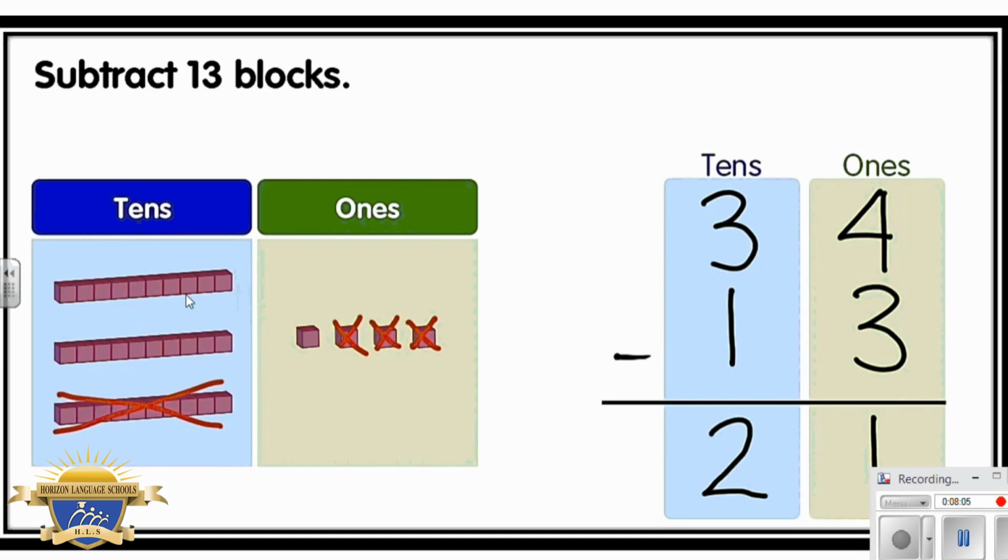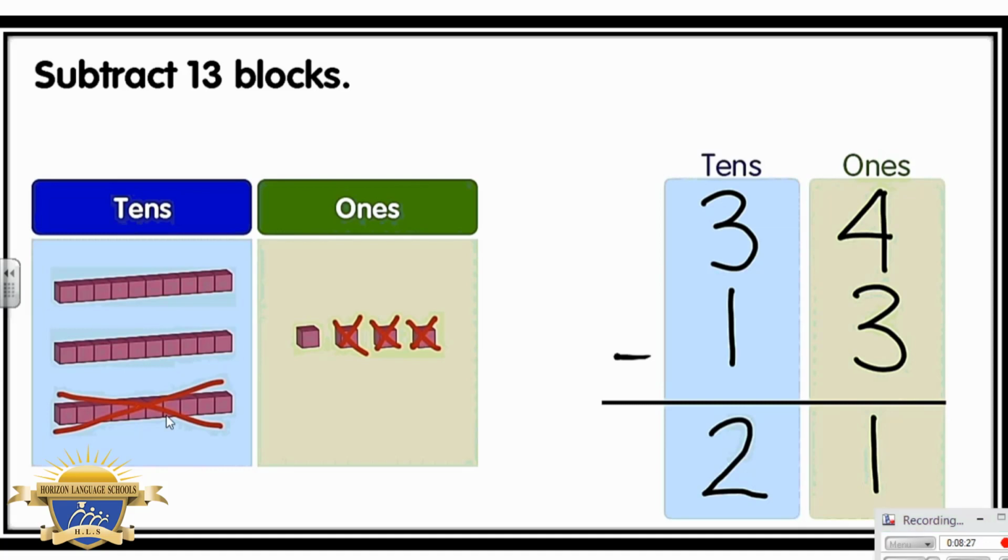So the leftover will be 2. So 34 minus 13 equal 21. 1 in ones column and 2 in tens column.